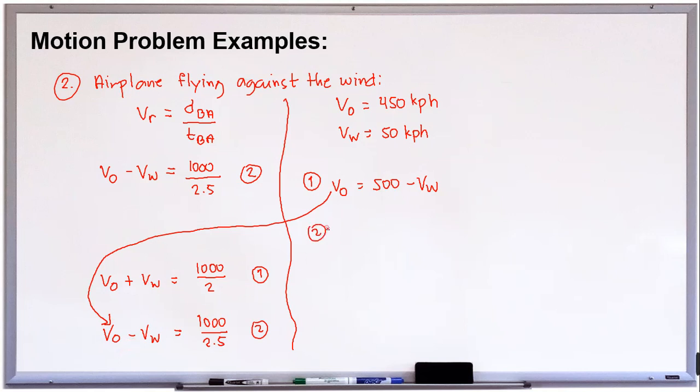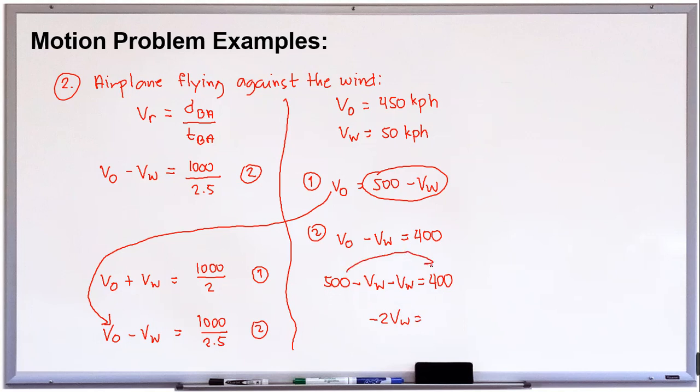So in our second equation, we have VO minus VW is equal to 1000 divided by 2.5, that is 400. So VO is equal to this one. So we have 500 minus VW minus VW is equal to 400. So combine these two, that is negative 2VW, and then transpose 500 to the right side of the equation.